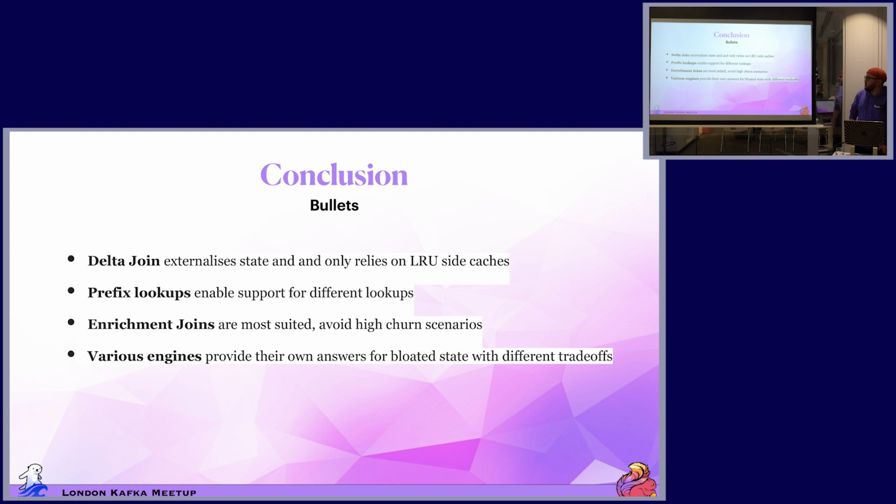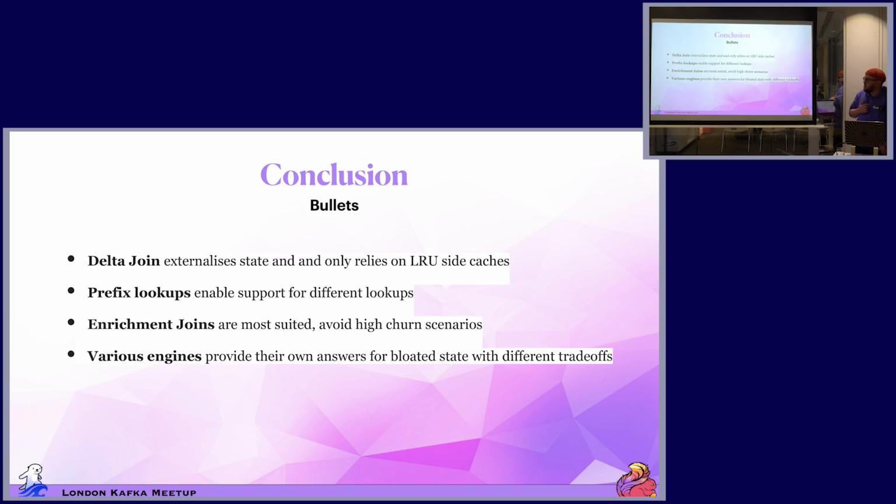Okay, so conclusion. It's only 4 bullet points. DeltaJoin is an attempt to externalize state and only rely on some bounded caches to run really quick real-time transformations and enrichments and whatever. Prefix lookups are pretty useful to support different join patterns, and Fluss implements this.